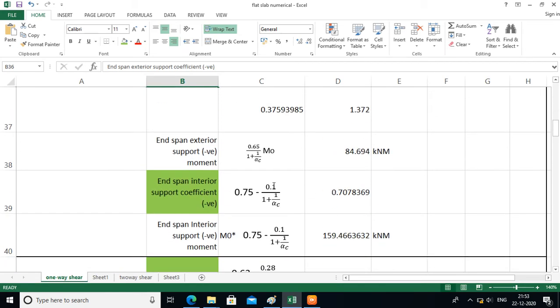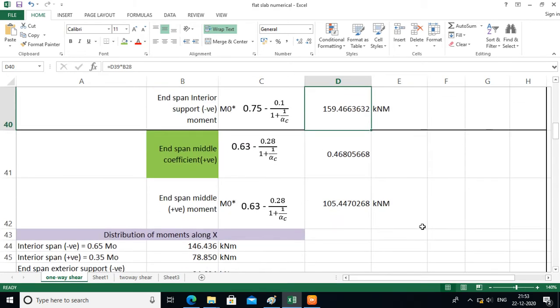In the same manner, we get the end span interior support moment, that is negative in nature. If you multiply this 0.7078 by M0, we'll get this moment. Already I put the formula. That gives us the moment magnitude as 159.466, which is negative in nature. Support moment is negative, and the last moment we get is the end span middle moment.